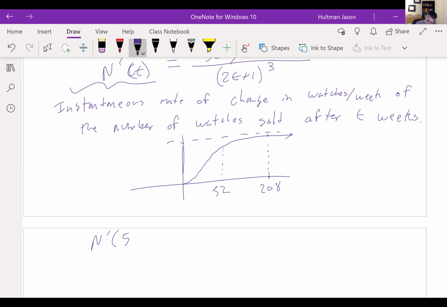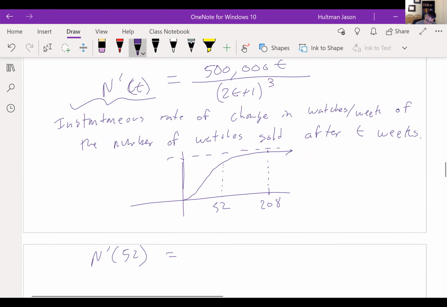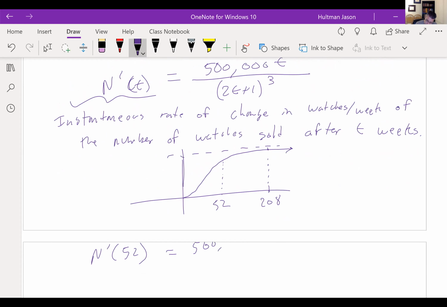N prime of 52 is equal to 500,000 times 52 all over 2 times 52 plus 1 cubed. So I plug that into my calculator. Let's see if we can do it on this one, although I don't really like this calculator.